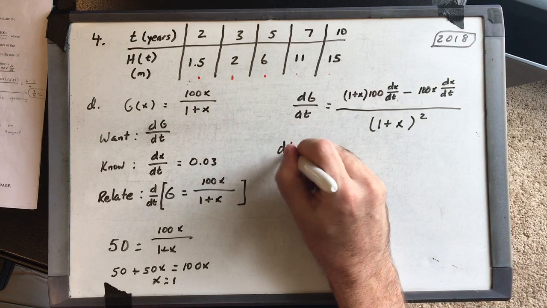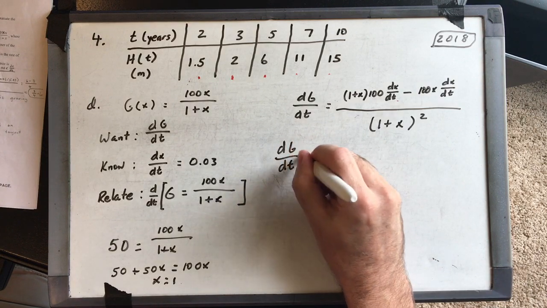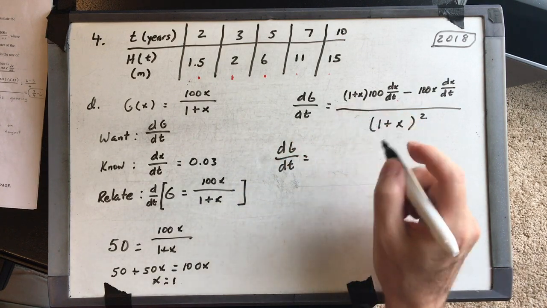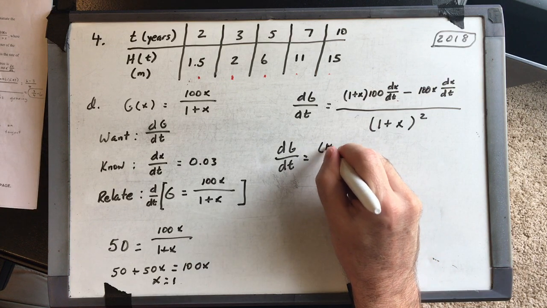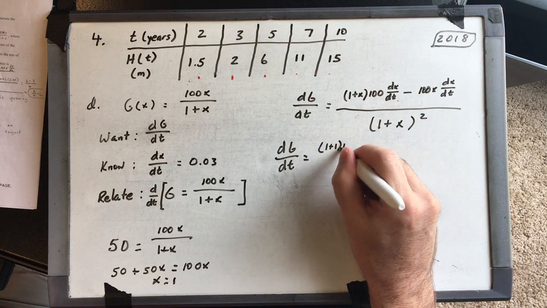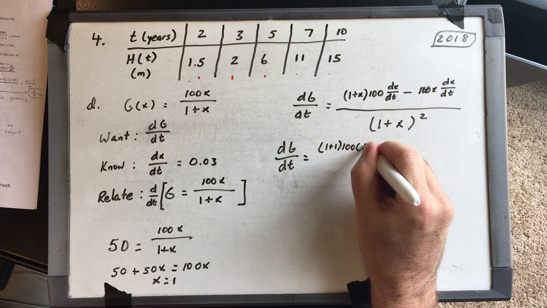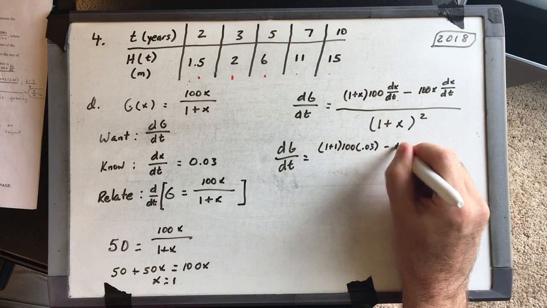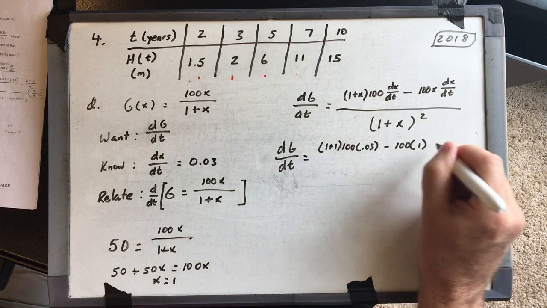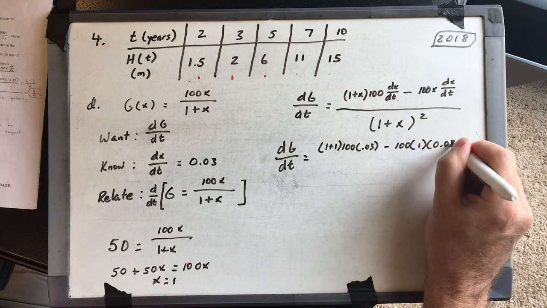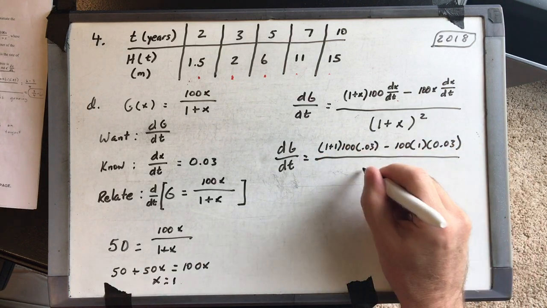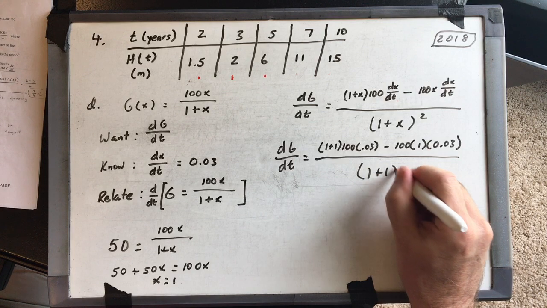So dg dt is equal to 1 plus 1 times 100 times 0.03 minus 100 times 1 times 0.03 all over 1 plus 1 all squared.